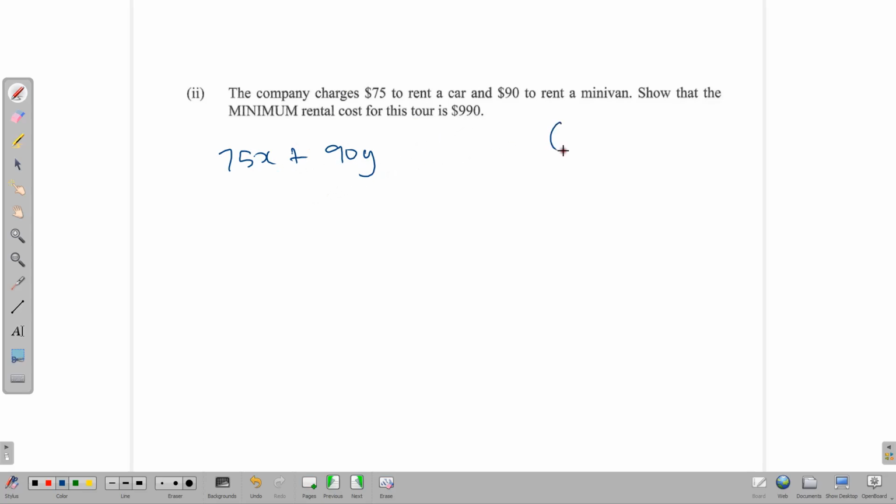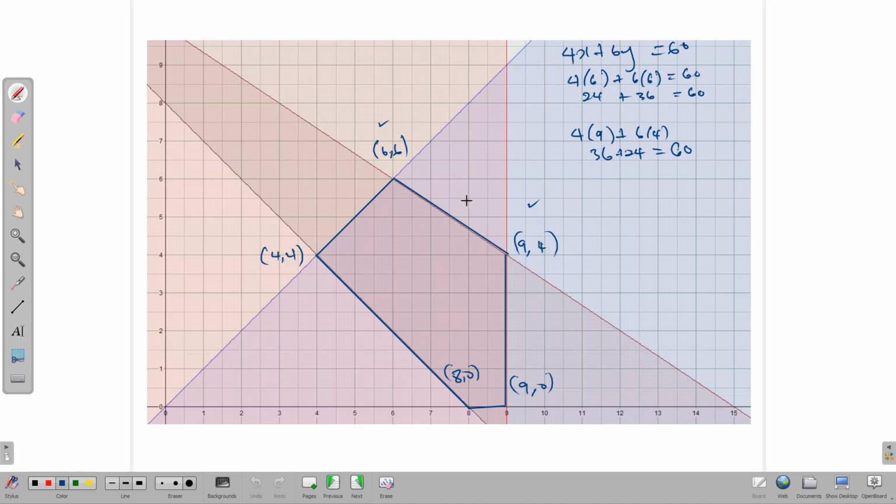Now remember the two points, 6,6 and 9,4. We found those two points because they can carry exactly 60 people. The other points would give you a lower cost than 990, but they do not carry 60 people. Only these two carry 60 people.